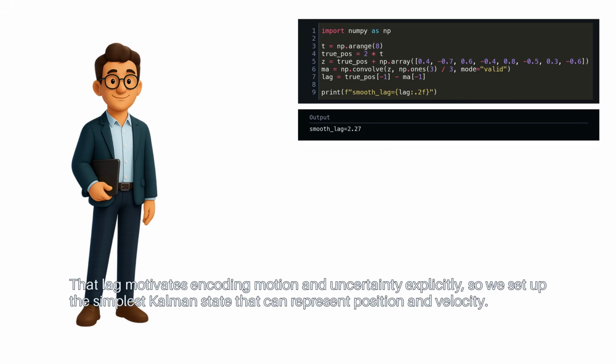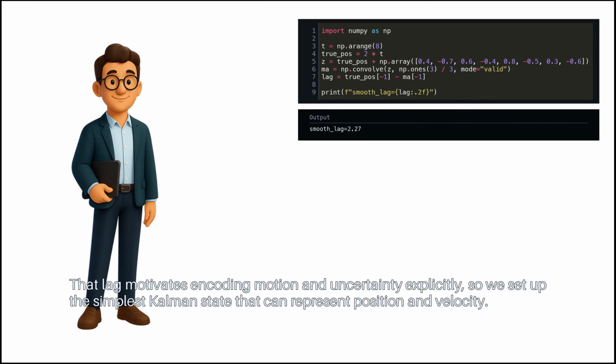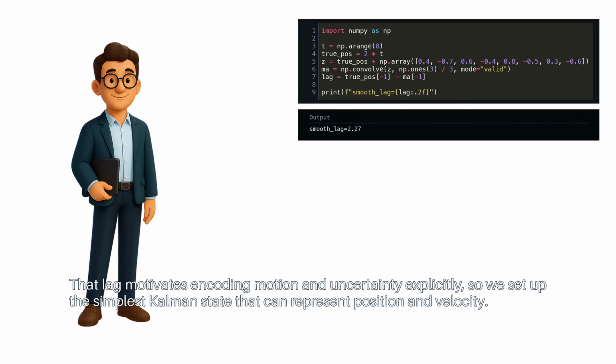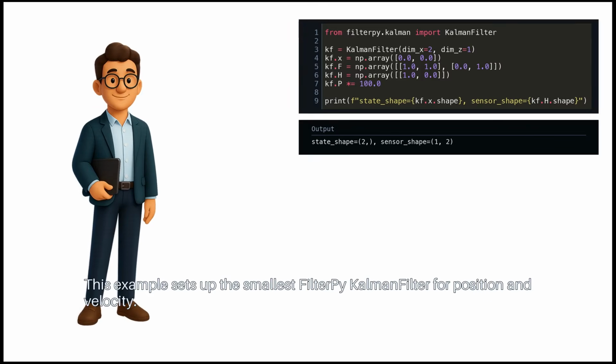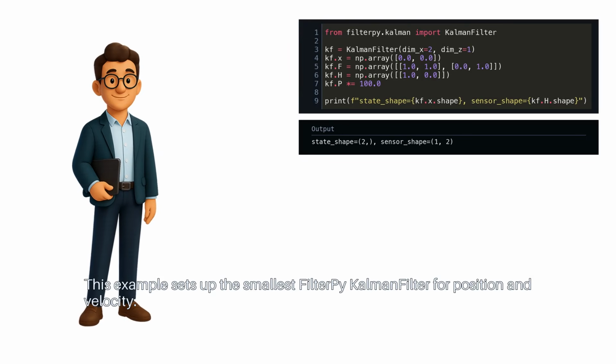That lag motivates encoding motion and uncertainty explicitly, so we set up the simplest Kalman state that can represent position and velocity. This example sets up the smallest FilterPy Kalman filter for position and velocity.